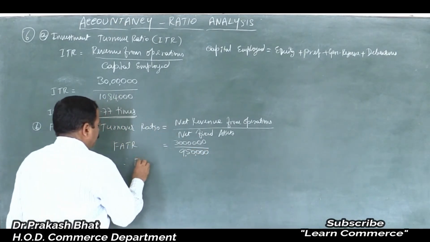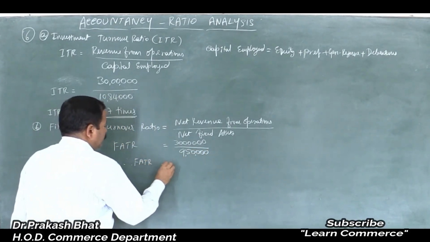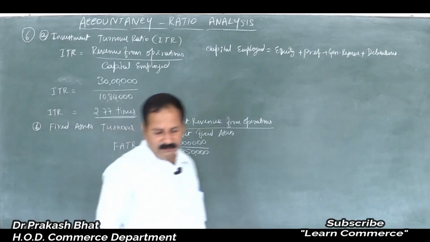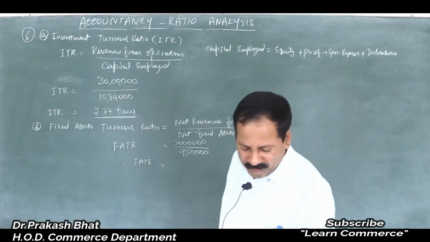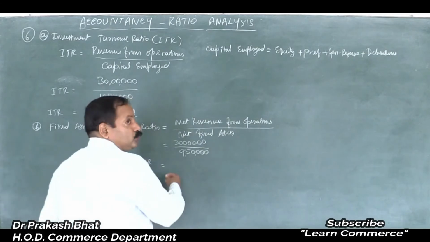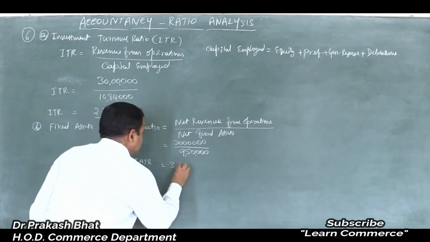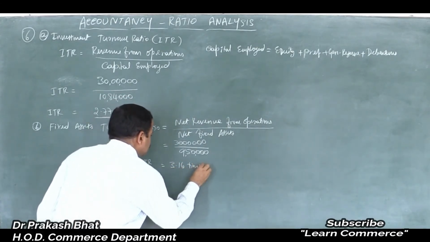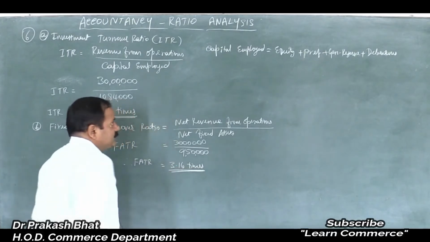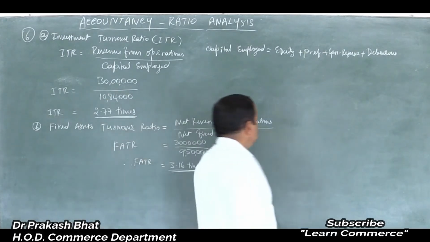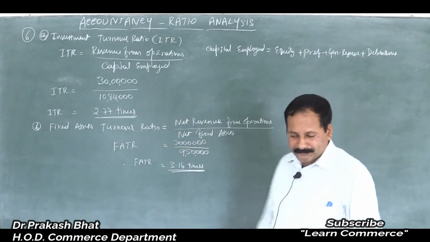Therefore, FATR is equal to 3.16 times. That's all. Let us move further.